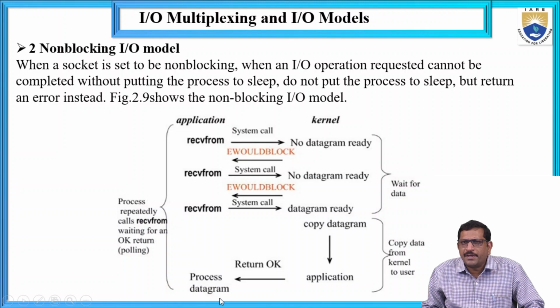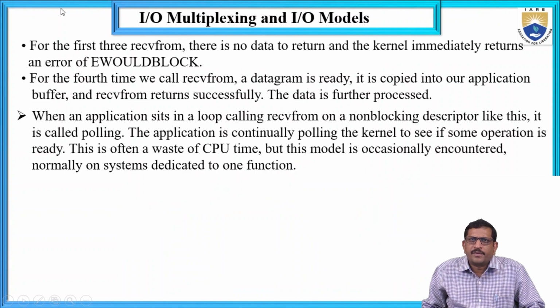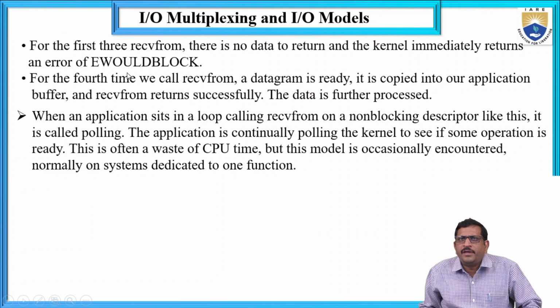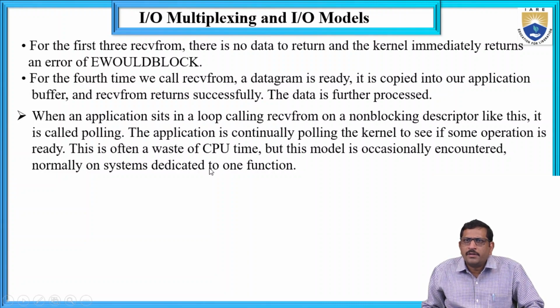Here is the application and here is the kernel, the operating system. If you see, for the first three recvfrom calls, there is no data to return, and the kernel immediately returns the error EWOULDBLOCK.